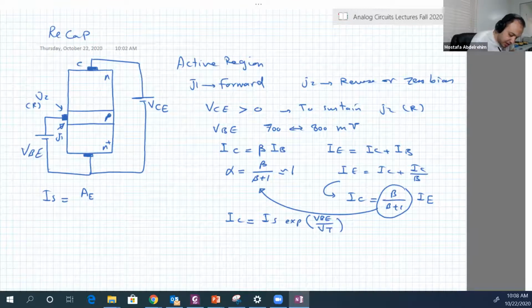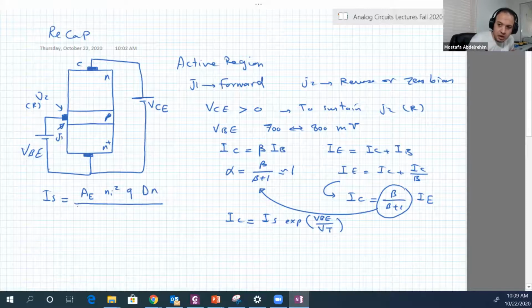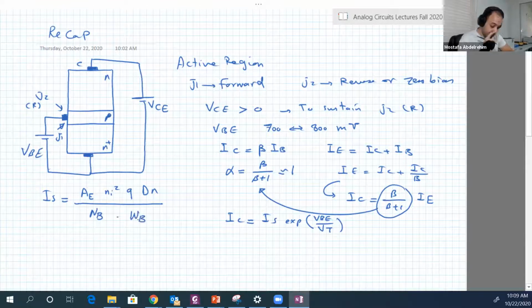So IS is the cross section area of the emitter, multiplied by ni squared and q, the diffusivity or the diffusion parameter that we took in diodes, over the doping in the base, multiplied by the width of the base.